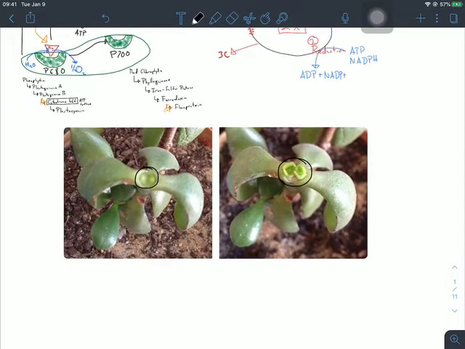Well, this ability to start small and then just expand with all of your tissues and layers already present is a byproduct of what we call the apical meristem and the type of growth that it performs.